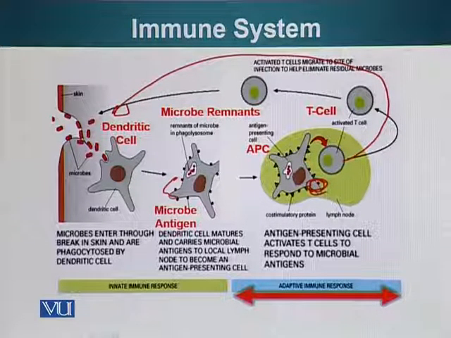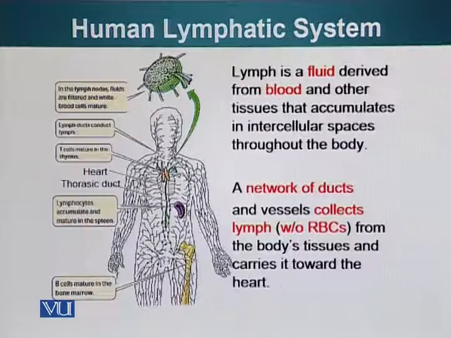So I have talked about two things. I have talked about adaptive immune system and I have talked about lymph. So first of all, let me tell you more about lymph. Here's a diagram of lymphatic system. So we have another type of vessels in our body which is distributed. They carry lymph, which is a fluid. It is a clear fluid.